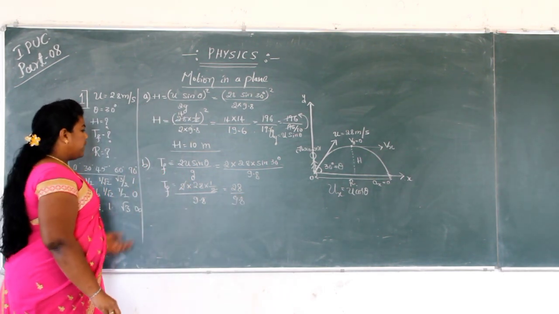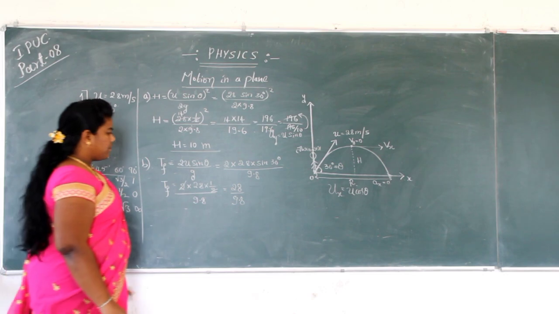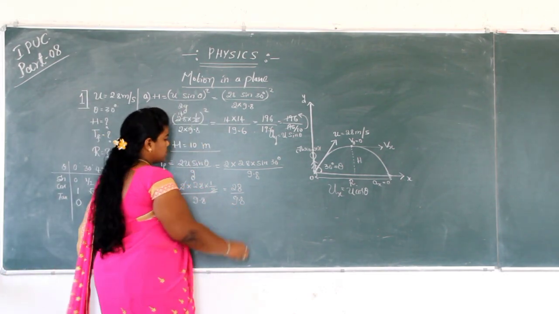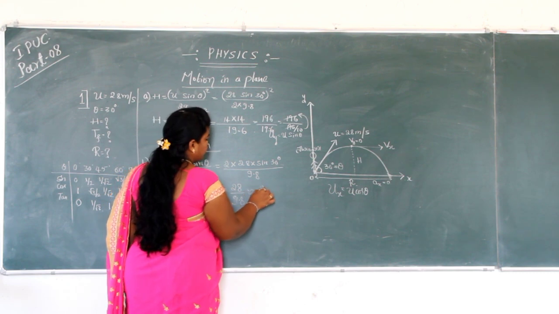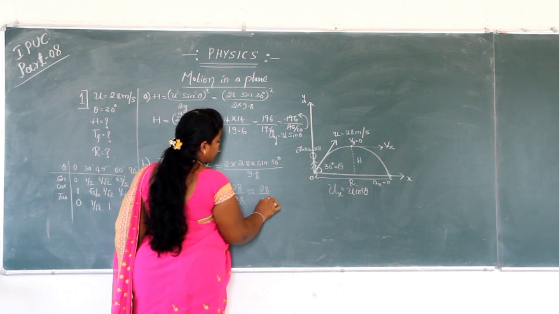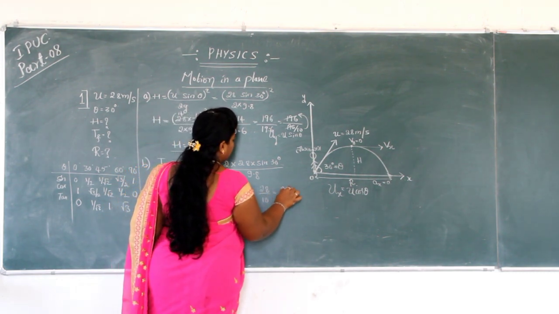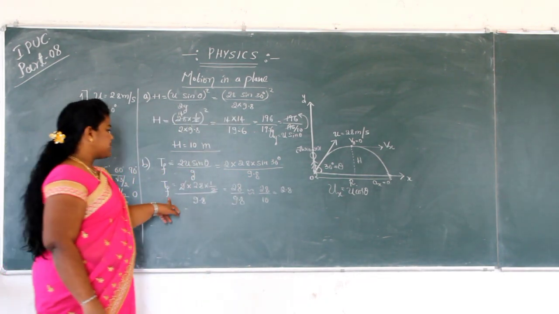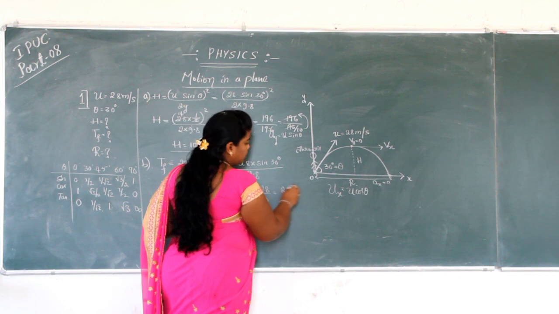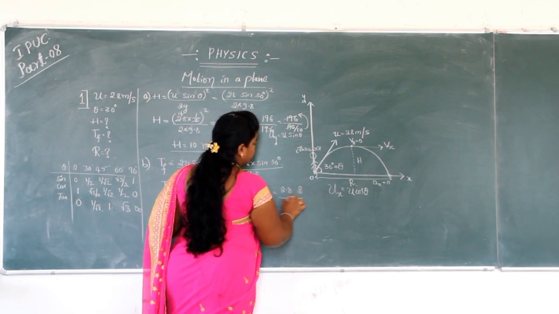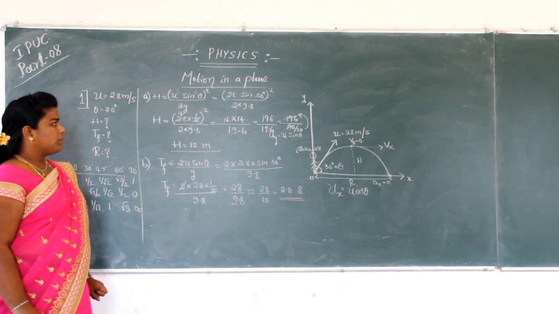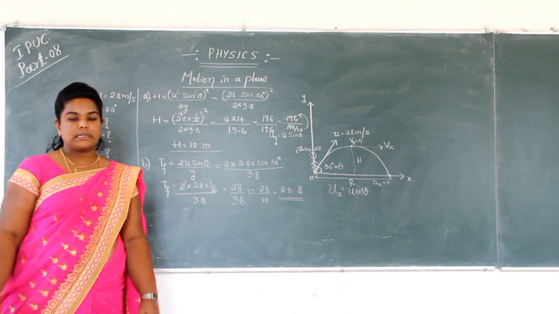See, while calculating this, you can make 9.8 nearly equal to 10, so that it becomes 28 divided by 10, which is equal to 2.8. Right. So here time of flight, time is represented by the SI unit, that is seconds. So the time of flight is going to be equal to 2.8 seconds.